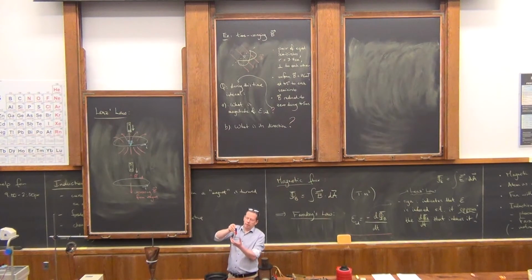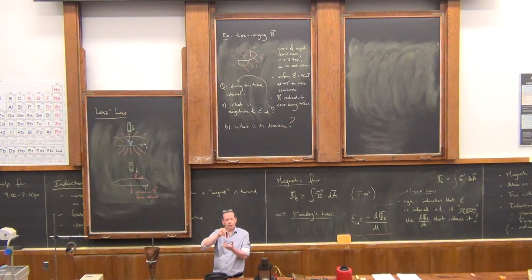So the question then is, what does Faraday-Lenz law tell us about the induced EMF and therefore the current that's being induced in this coil? And there is a current being induced in this coil. It's not hooked up to anything, we can see it, but there's a current flowing around this as I do this.